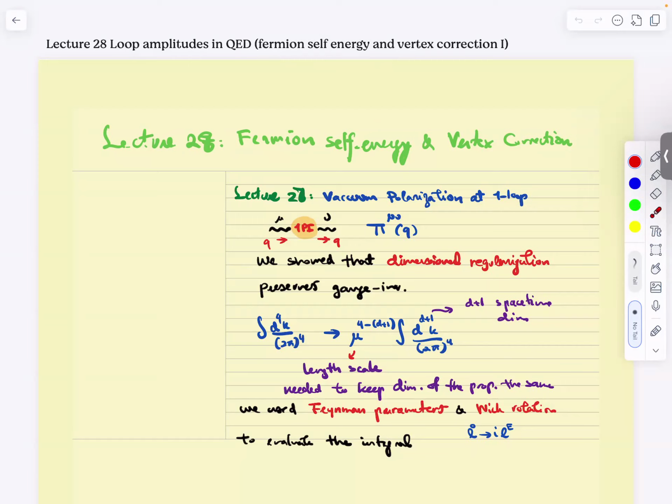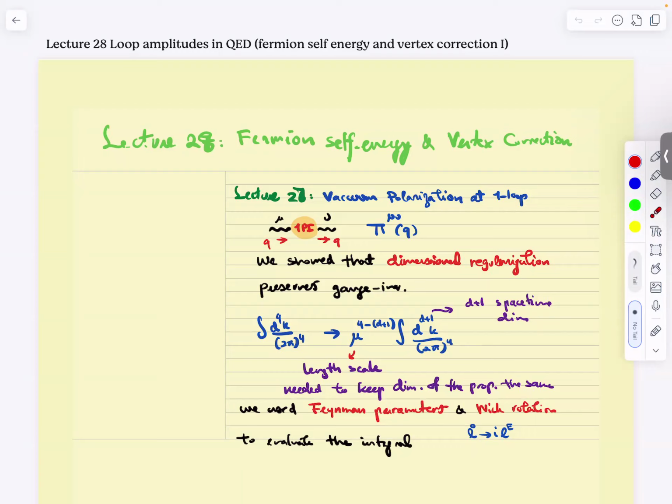The other degree of freedom is also unphysical, and Ward identities tell us that the amplitude should satisfy this relation, to make sure the external legs do not have any degrees of freedom along the propagation of the photon.